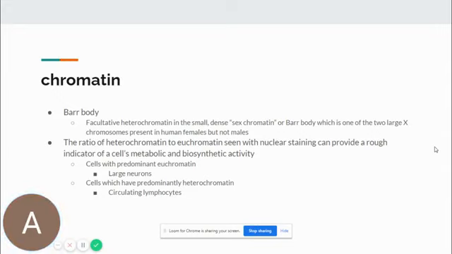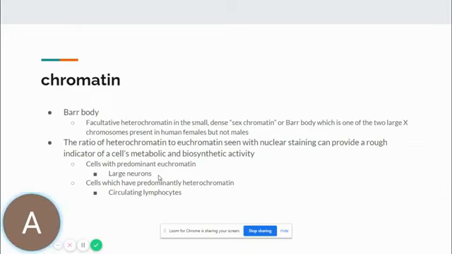So the ratio of heterochromatin to euchromatin seen with nuclear staining can provide a rough indicator of a cell's metabolic and biosynthetic activity. So as we discussed earlier, to make it easy to remember, euchromatin is more transcriptionally active. Heterochromatin is packed DNA, so it is not actively working, no?